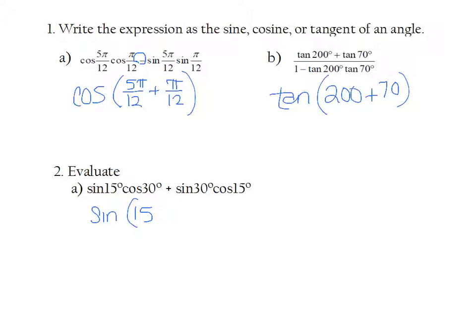The sine identity uses the same sign, so it'll be a plus 30. And that's where we stopped earlier, but since I'm evaluating, I'm going to go ahead and add those two angles together, which actually works pretty slick because I know the sine of 45 is on my unit circle. It's the square root of 2 over 2.